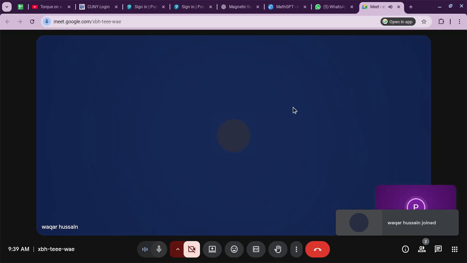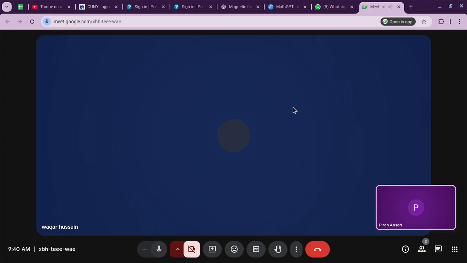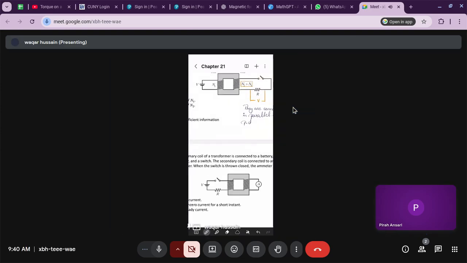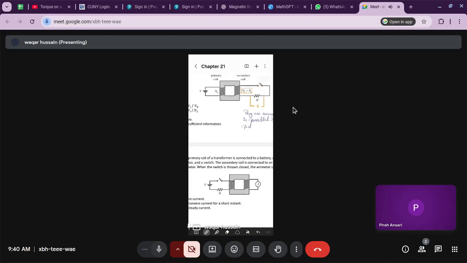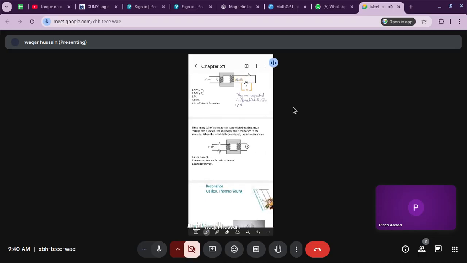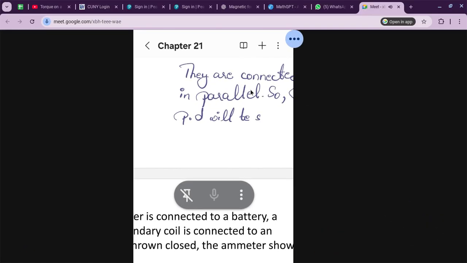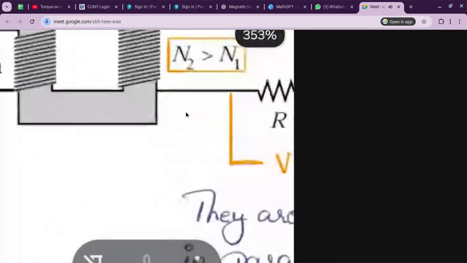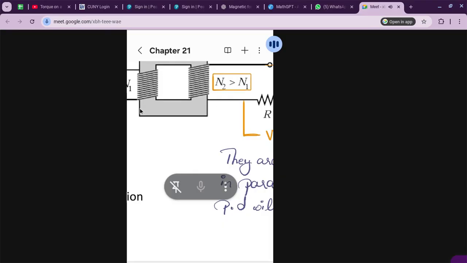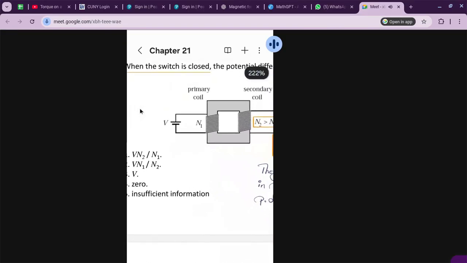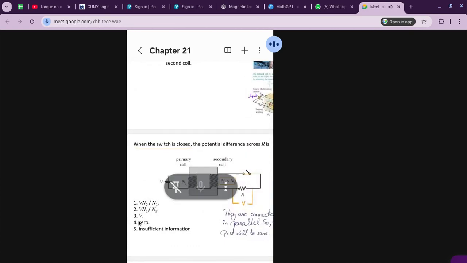Yes, Hira. Okay. So if they are connected in parallel, the potential difference will be the same. Now tell me, if N2 is greater than N1, then what will be the answer? 1, 2, 3, 4, 5.